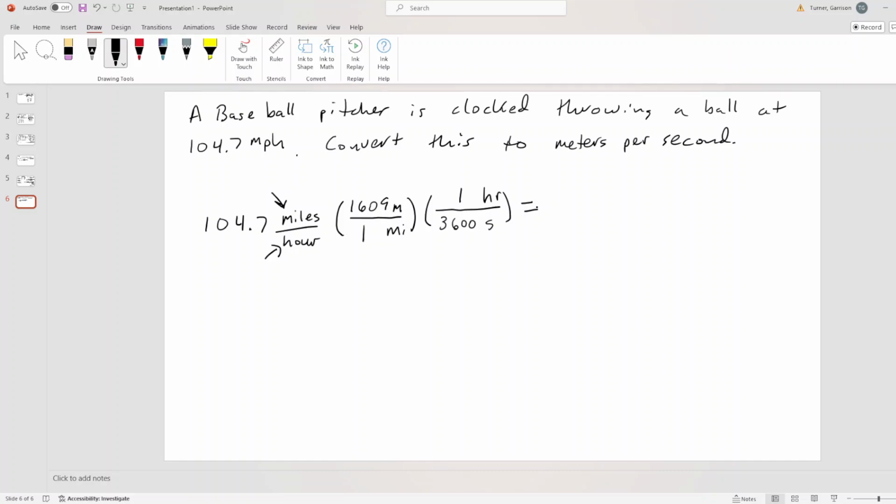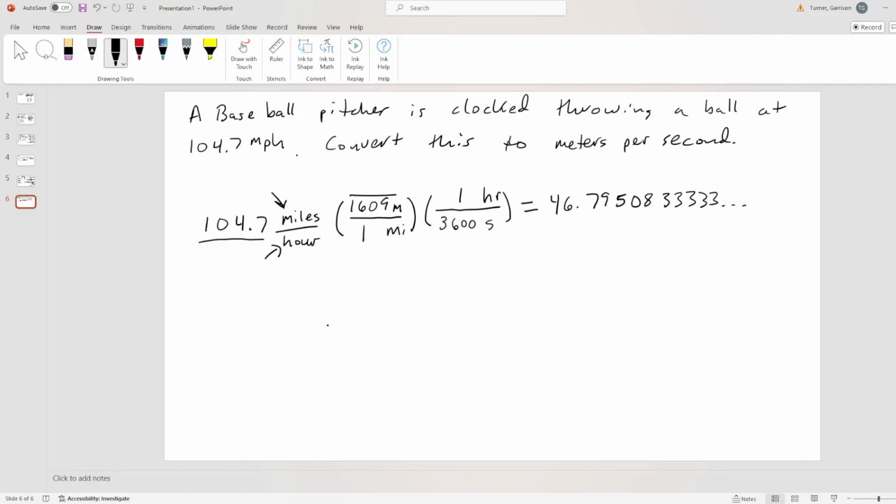Once again, your calculator will give you an answer of, in this case, 46.795 0833333 and so on. So once again, we need to look at our units, and we recognize that this has 4 significant figures.